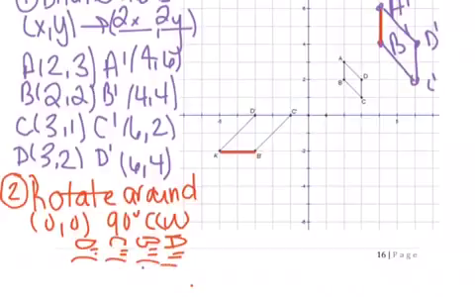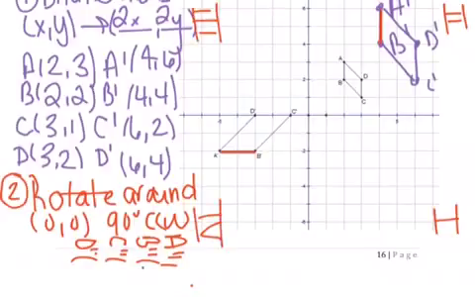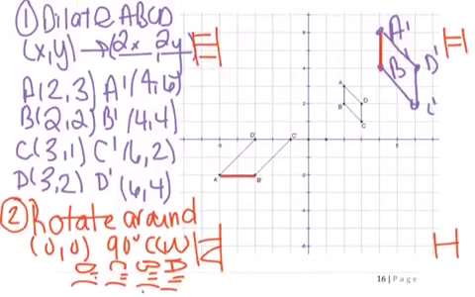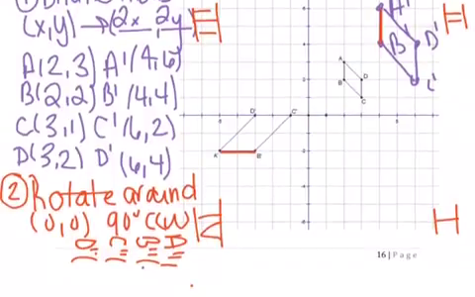Now the way that you are looking at your paper, it should look like this is the first, second, third, and fourth quadrant. My image when I'm done is going to end up in that second quadrant. So to get to A prime, we had to go backwards 6 on the x, so negative 6, and then up 4. So A double prime is negative 6, comma 4.